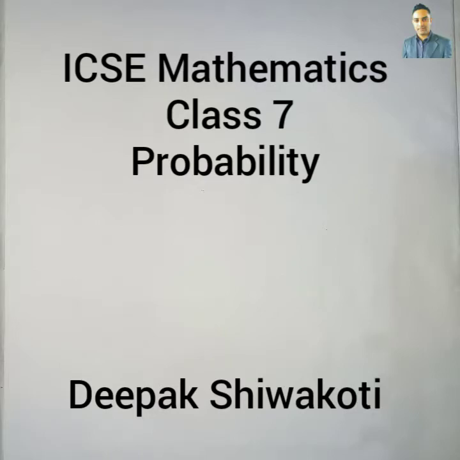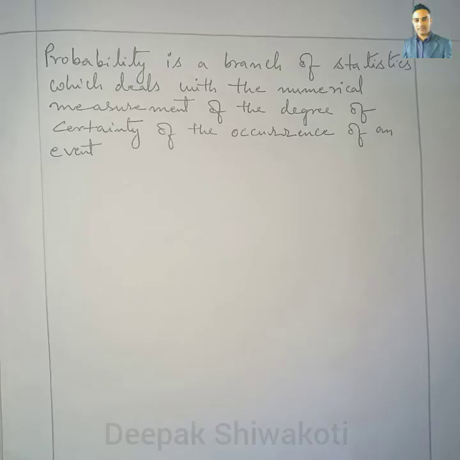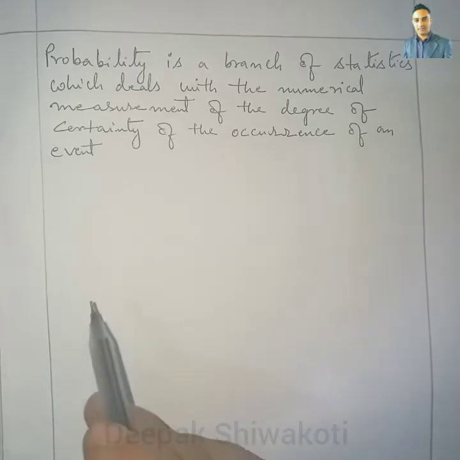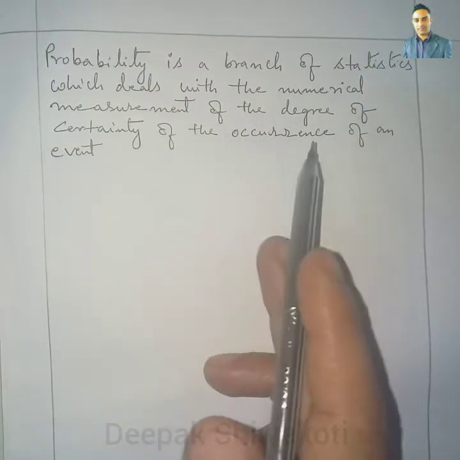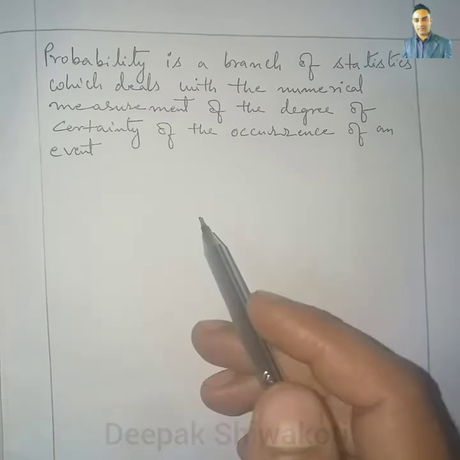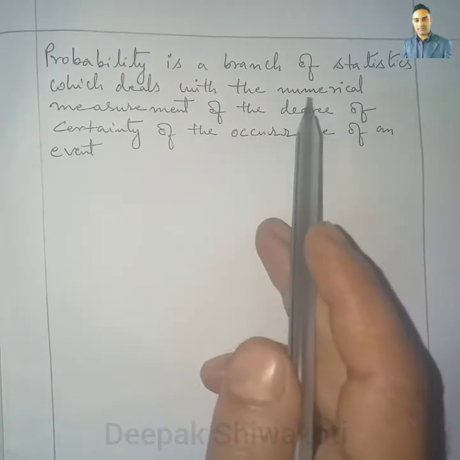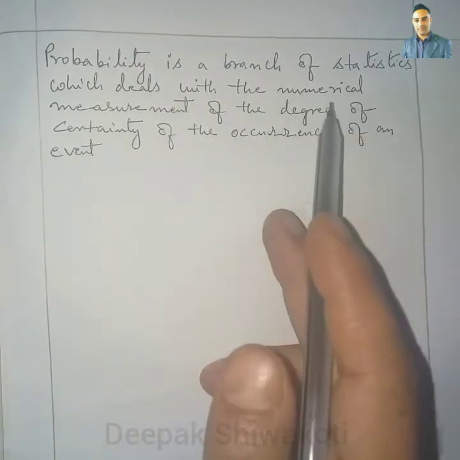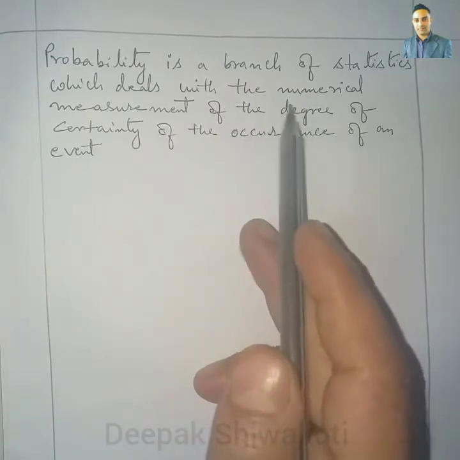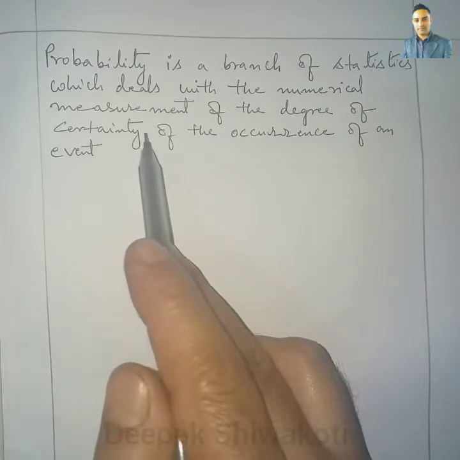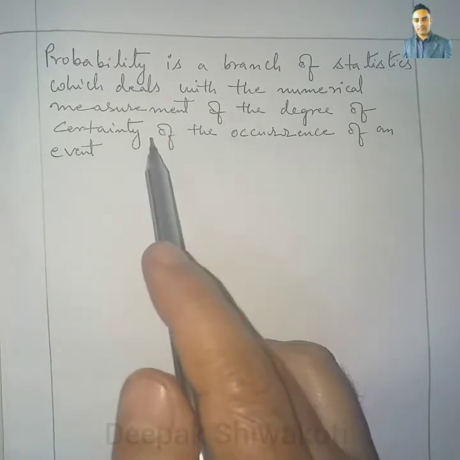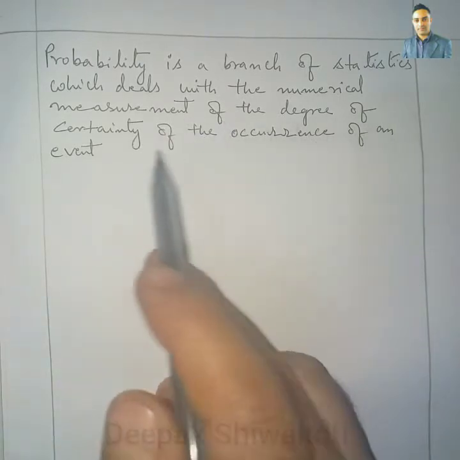So here, probability is a branch of statistics which deals with the numerical measurement of the degree of certainty of the occurrence of an event. So here we understand probability is the branch of statistics and it deals with the numerical measurement of the degree of certainty, means of the possibilities of the occurrence of an event.